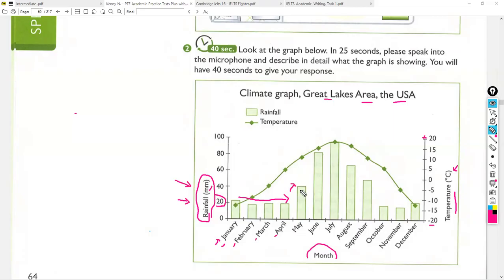I don't care about this line. I have to look at the amount of rain that we have here. From January to April, the amount of rain is still approximately the same.